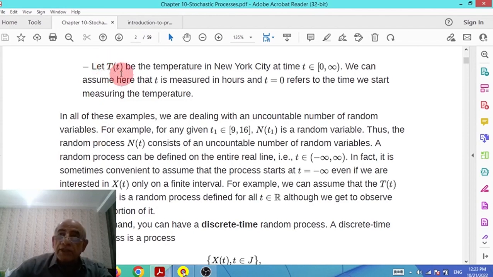So T of t is an uncountable sequence, okay? But this is for continuous time, okay?